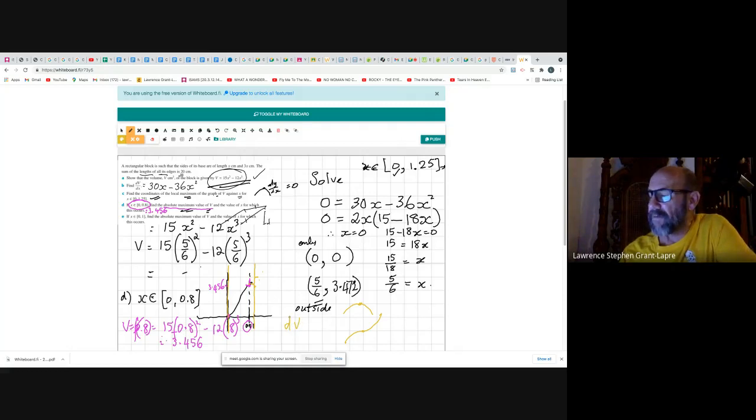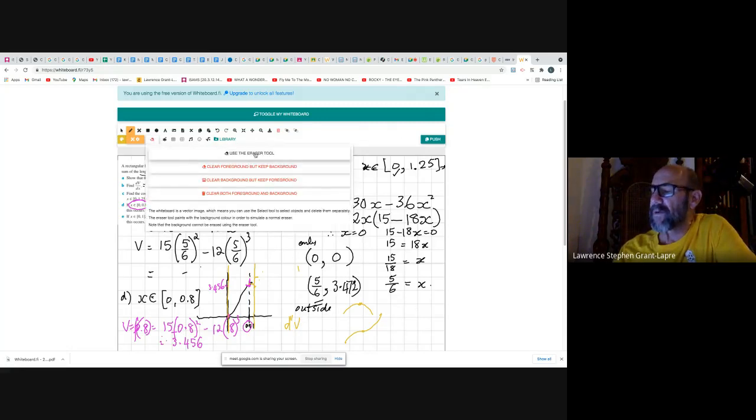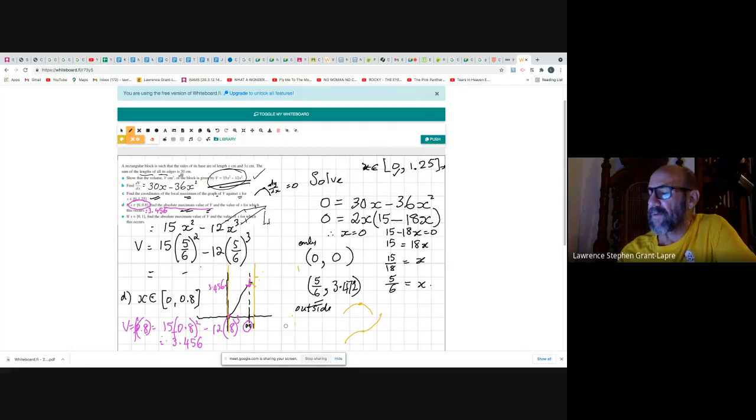The second derivative, what have we got here? dV/dx. So we write d²V/dx², that's how you write the second derivative, is equal to 30 minus double 36, so that's 72x.